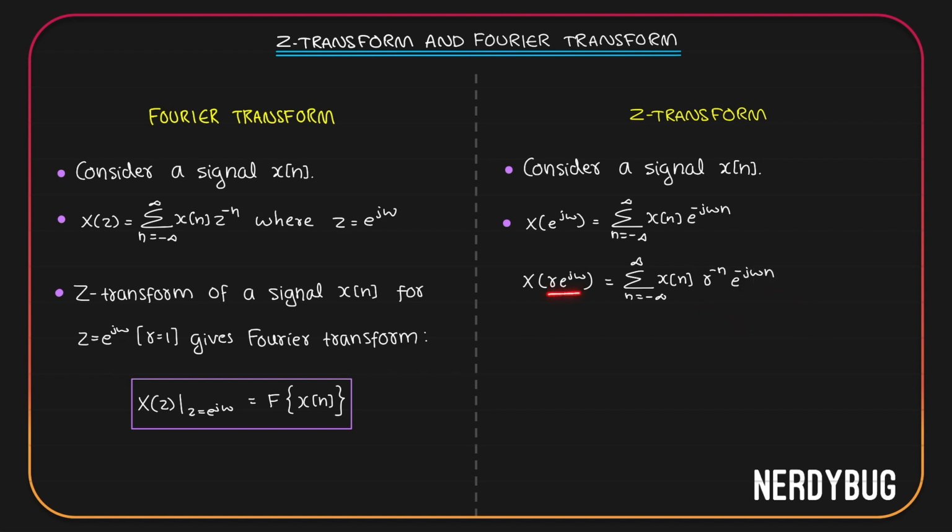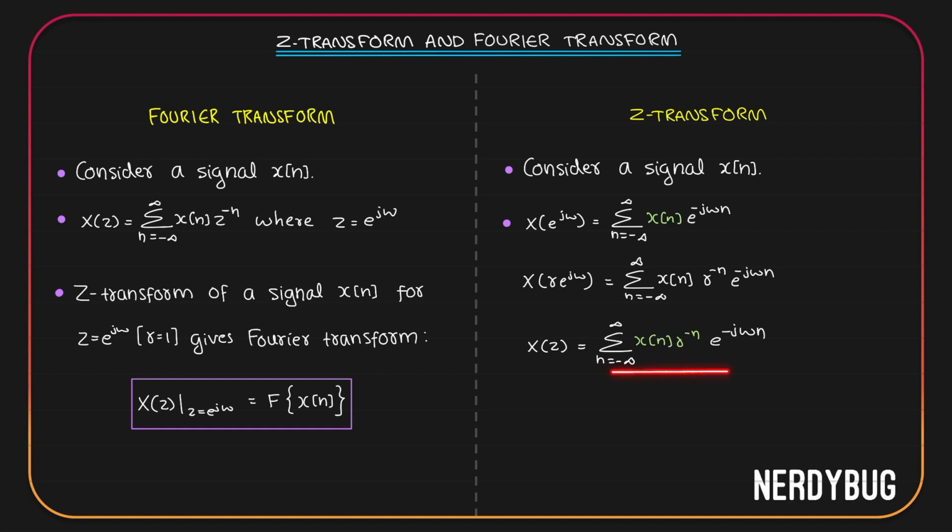Now we know r e raised to j omega is the general expression for z, where its magnitude is not 1, it is r. So we can write X of z is equal to summation from n equals minus infinity to infinity x of n r raised to minus n e raised to minus j omega n.